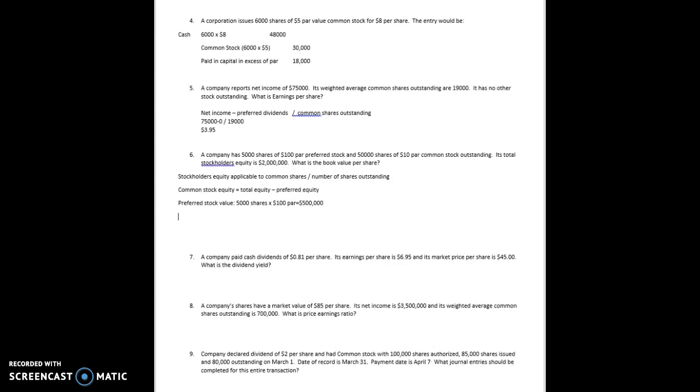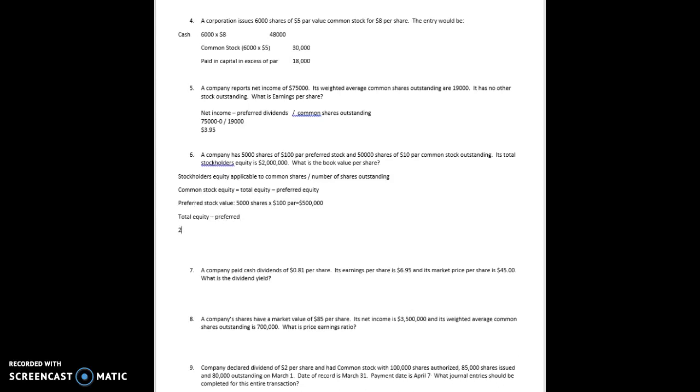So then we have to take our total equity minus our preferred. Our total equity was $2 million minus preferred of 500,000. And we get common stock equity of $1,500,000.